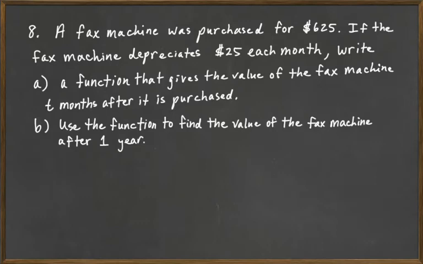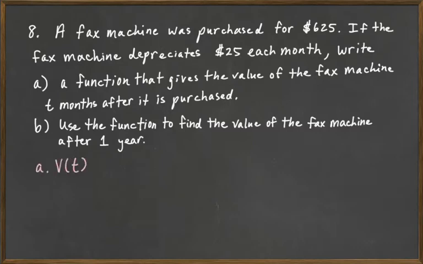All right, so first of all, it's value that we're going to measure here. We're supposed to find the value of the fax machine. So I think I'll use V for value, and t is going to be our time in months. And so I'm going to go ahead and write V of t.